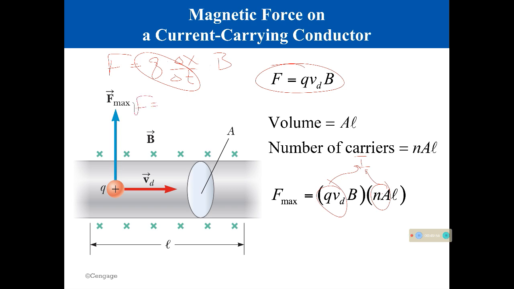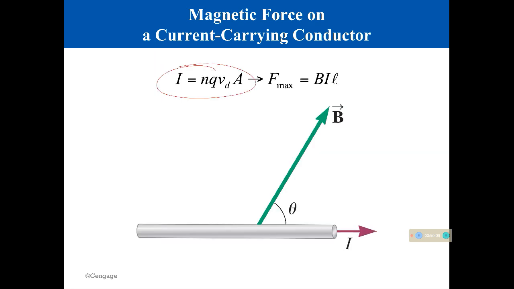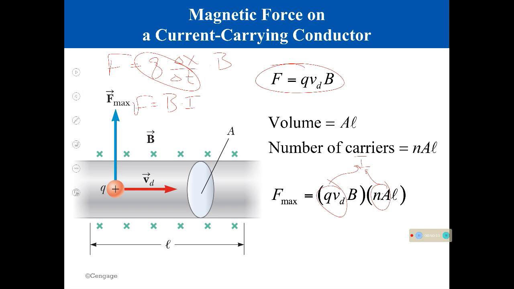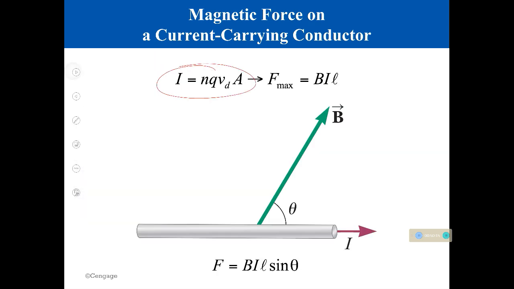That force is equal to magnetic field times current, and instead of delta X, they used what variable? They used L, the length. So, force equals BIL.